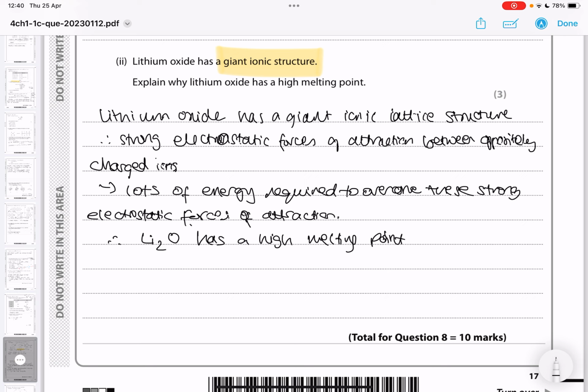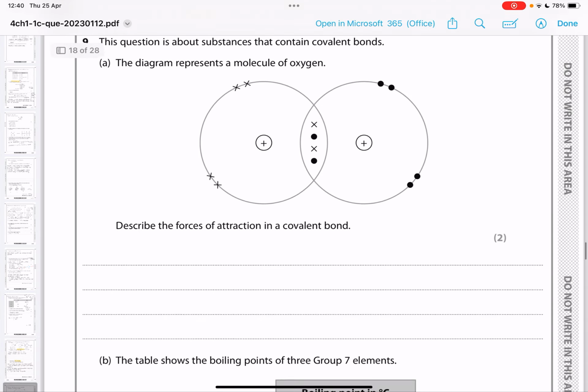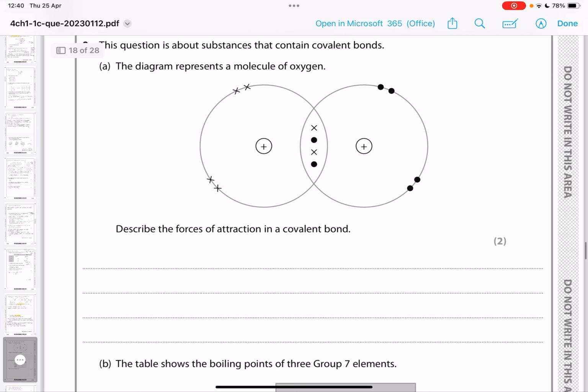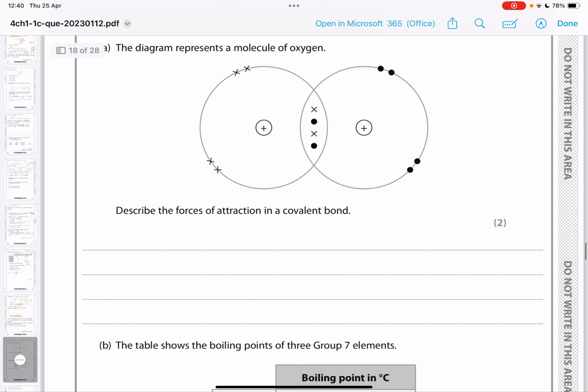Okay, next question. This question is about substances that contain covalent bonds. The diagram represents a molecule of oxygen. Describe the force of attraction in a covalent bond. So this is basically asking for the definition of a covalent bond. You need to learn this.